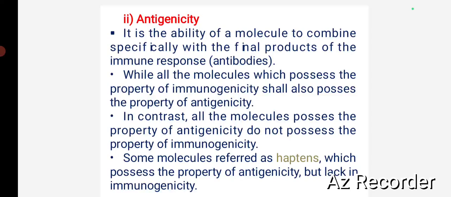Some molecules referred to as haptens possess the property of antigenicity but lack immunogenicity. The best example is the hapten, which possesses the antigenic property alone but not immunogenicity.